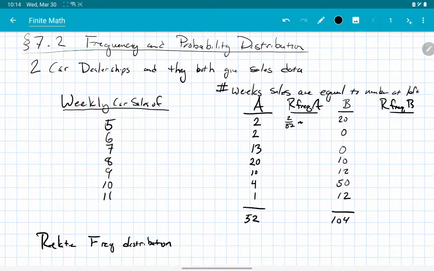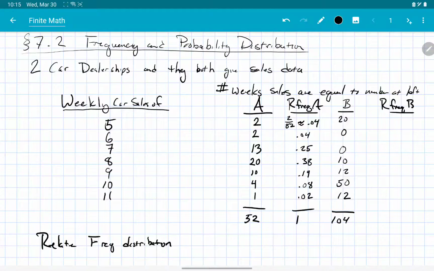This is about 0.04. And so every number in this column is going to be the number in the column for A divided by 52, because we want the relative frequency of these occurrences. So we get 0.04, 0.04, and these are approximates, of course, 0.25. That's an exact one. 0.38, 0.19, 0.08, and 0.02.